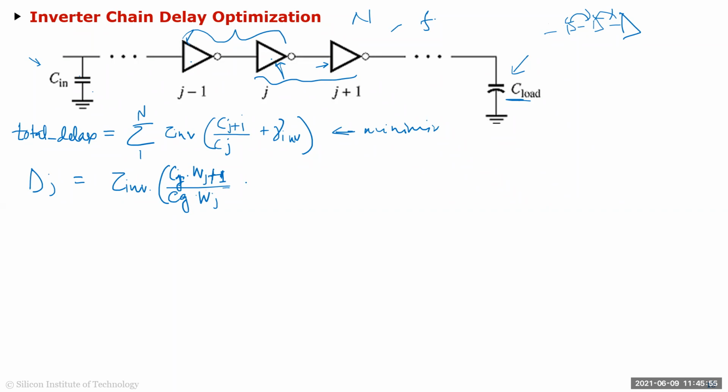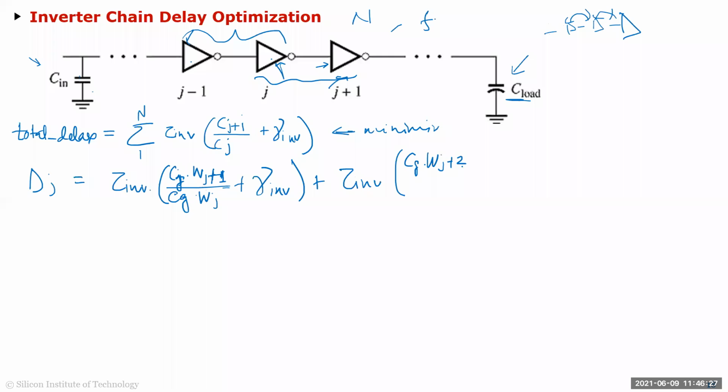So I'm just writing this in this formulation, tau inverter, and then I do that for this one here, which is plus tau inverter. I can do it either way, so let me just keep it that way. In your book, it's actually J and J minus 1, but it's fine.